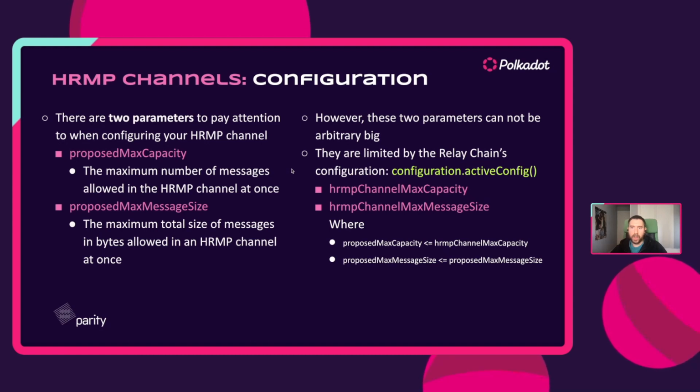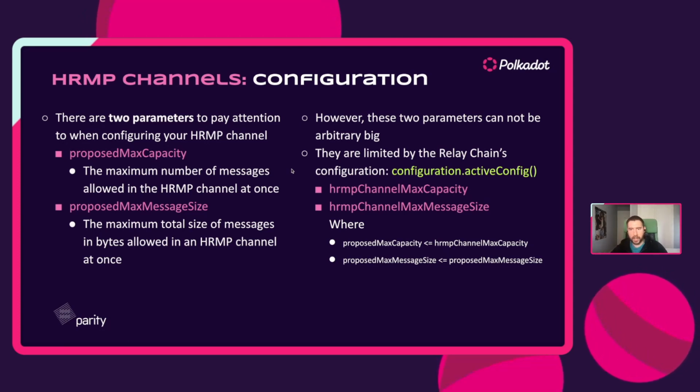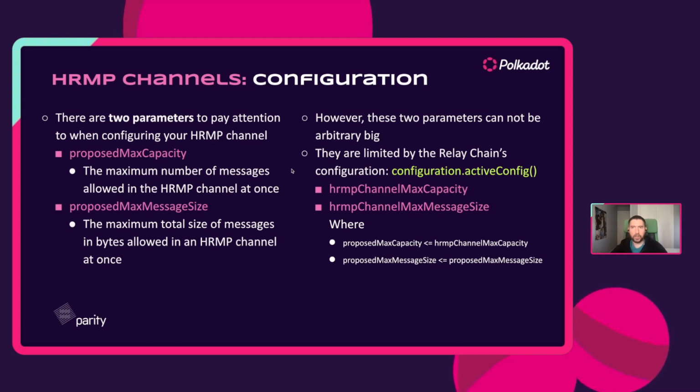If you query the storage of the relay chain, go to configuration, active configuration, you can get HRMP channel max capacity and HRMP channel max message size. Basically, those are the limits. So your proposed value should always be lower than the relay chain configuration.